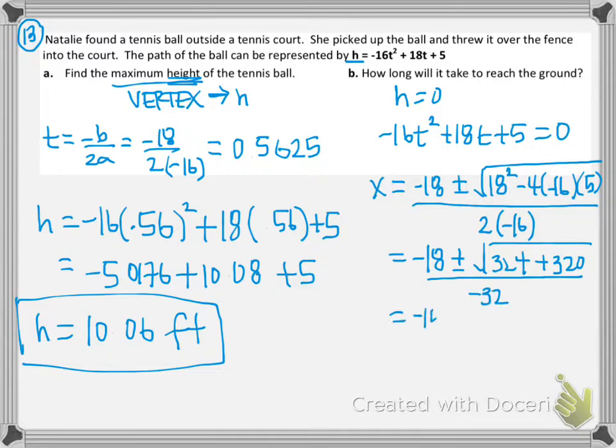So that'll be a negative 18 plus or minus the square root of 644 divided by negative 32.